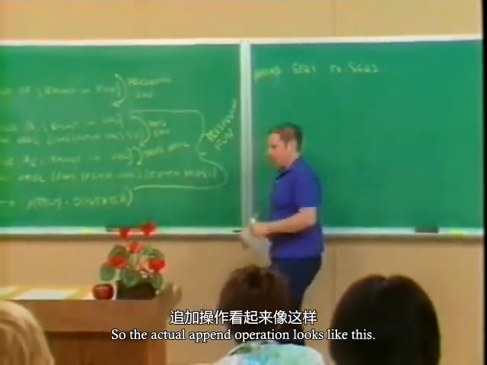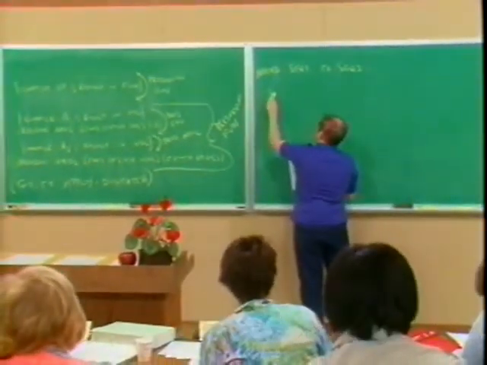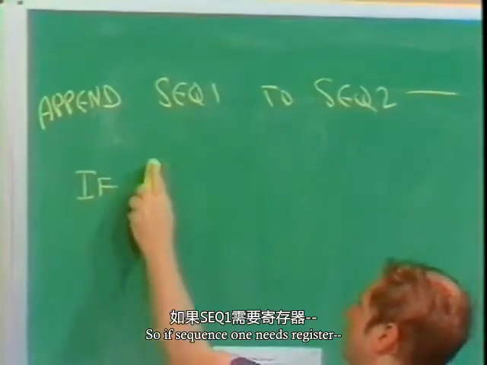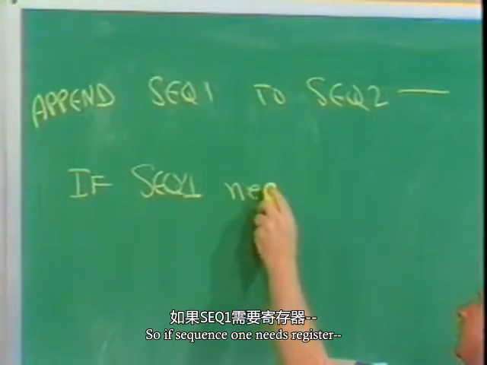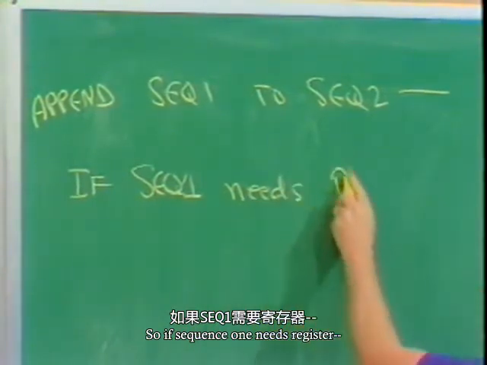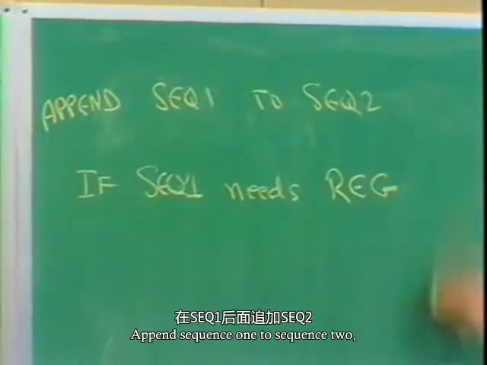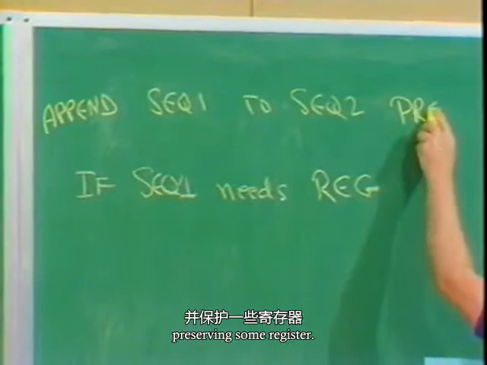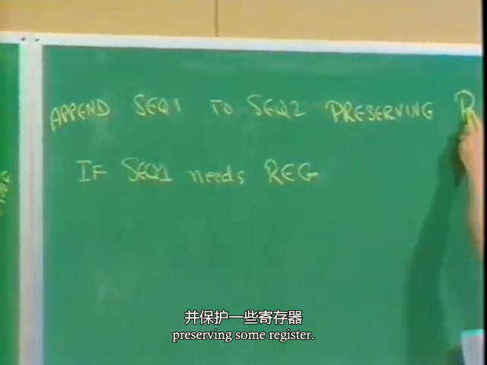So the actual append operation looks like this. Here's what it means to append two code sequences. If sequence 1 needs a register, I should change this: append sequence 1 to sequence 2, preserving some register.